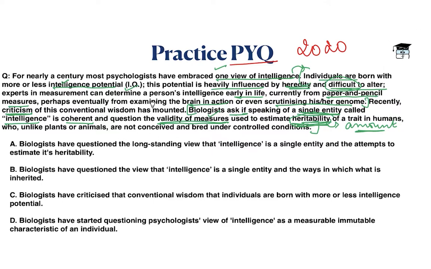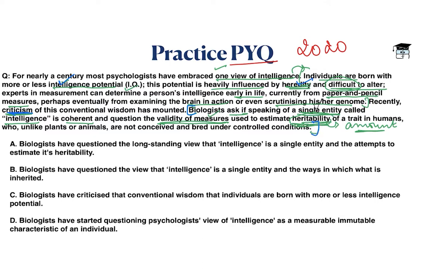But before we start, we should have our own summary according to the tricks that I told you about. So according to me, my summary should contain all the key facts, right? So the key facts should be intelligence potential, heredity, the criticism that was mounted, right? The criticism is the major objective of the paragraph according to me.